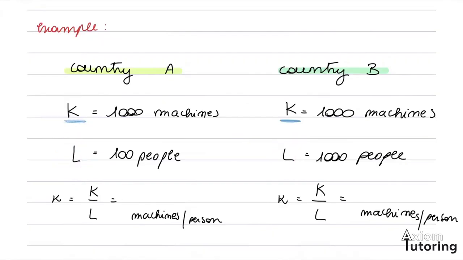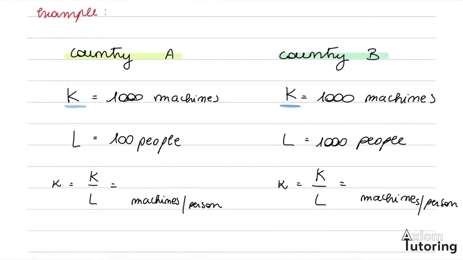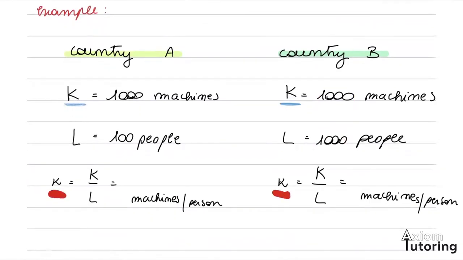actually in that country. Because if, for example, country A has 100 people working with these 1,000 machines, while country B has 1,000 people working with these 1,000 machines, we can calculate the level of capital per worker by dividing the total amount of capital available by the number of workers that can use them.